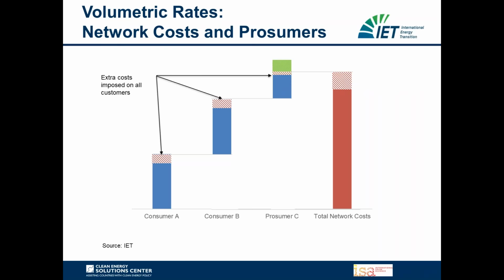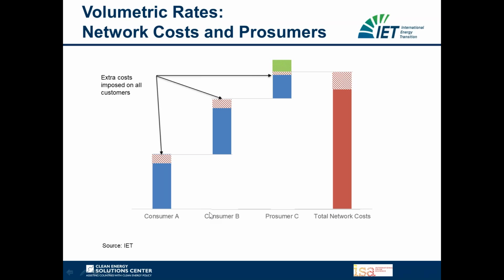So in the next round, you would then see the total network cost for each consumer going up, as a portion of the overall electricity that is taken from the grid. The network cost for consumers A and B will actually rise more sharply than for prosumer C, because prosumer C is withdrawing less electricity from the centralized network than the other two consumers.